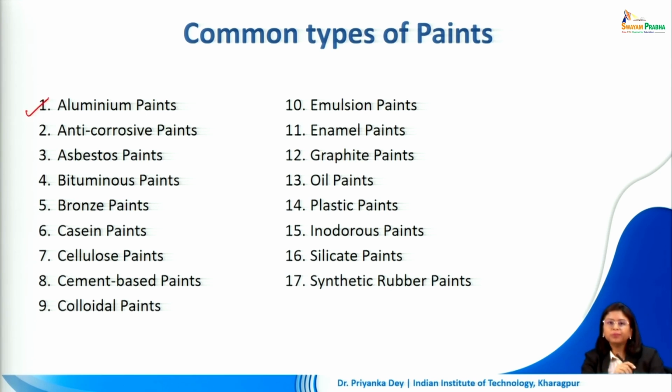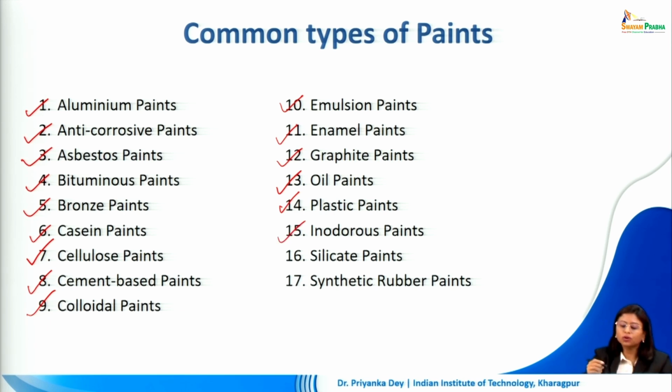So, we have aluminium paints, anti-corrosive paints, asbestos paints, bituminous ones, bronze paints, Casein paints, cellulose paints, cement based paints, colloidal paints, emulsion paints, a very common popular term we've heard, enamel paints, graphite paints, definitely oil paints another popular choice, plastic paints, inodorous paints, silicate paints and synthetic rubber paints.